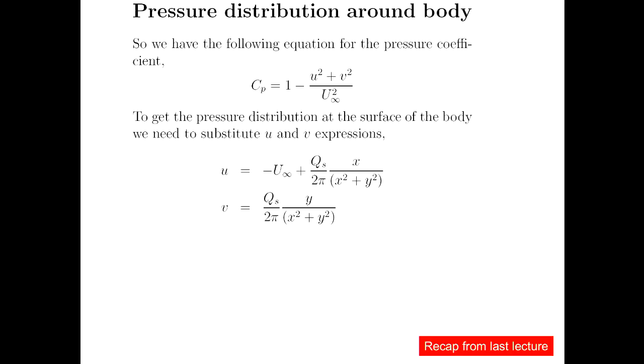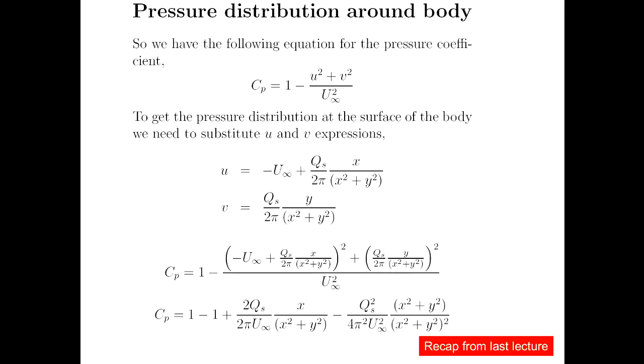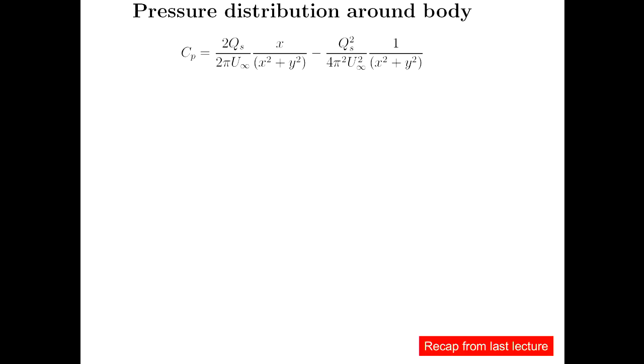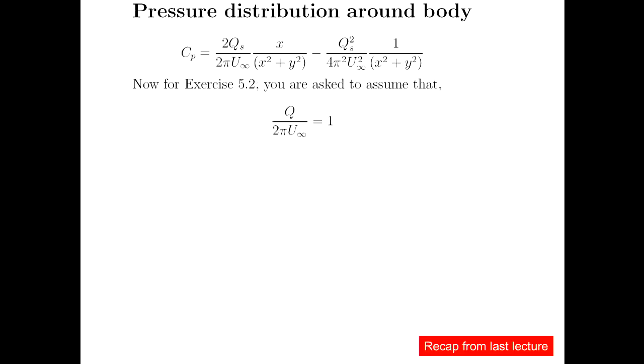Since I know what my stream function for this flow is, I could then express Cp in terms of my coordinates x and y, and also as a function of U infinity and Qs, which is the strength of the source. And this is the pressure coefficient for the flow field, for the whole flow.